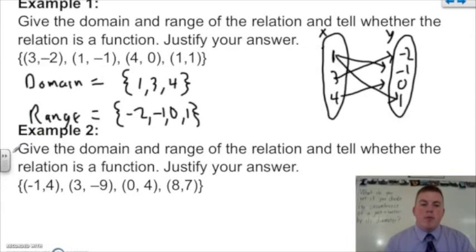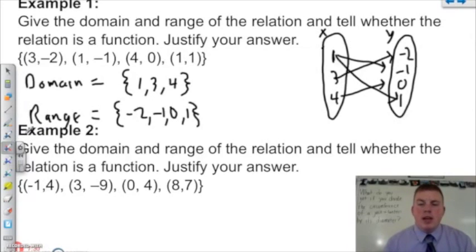Now I have to look and remember, for it to be a function, each domain can only have one range value. But when we look here at Mr. 1, he matches up with two different ranges, which is a no-no for functions. So we're going to say that this is not a function.